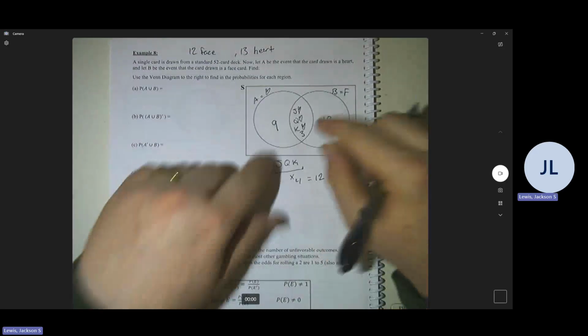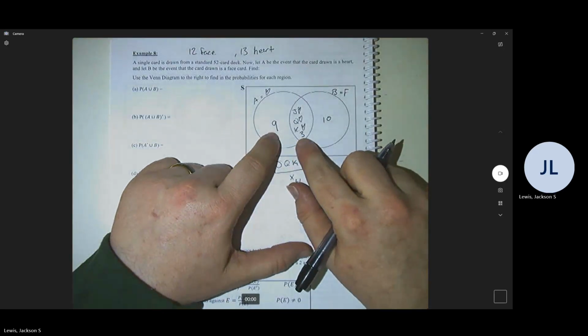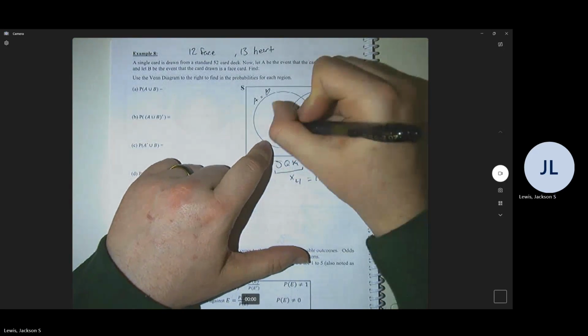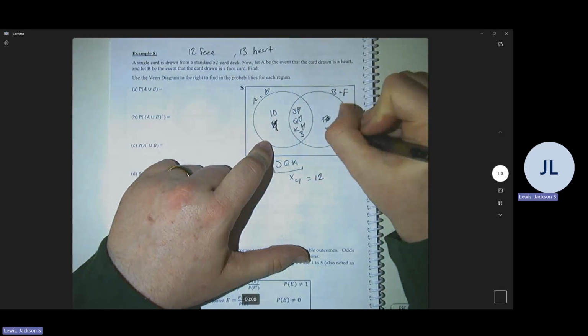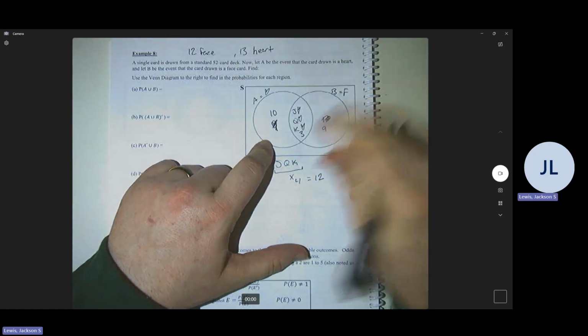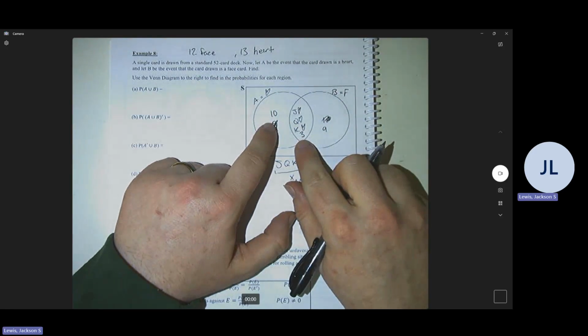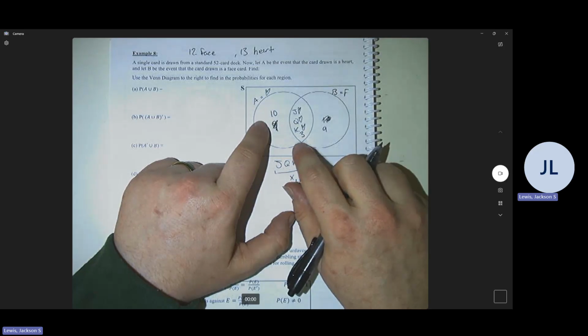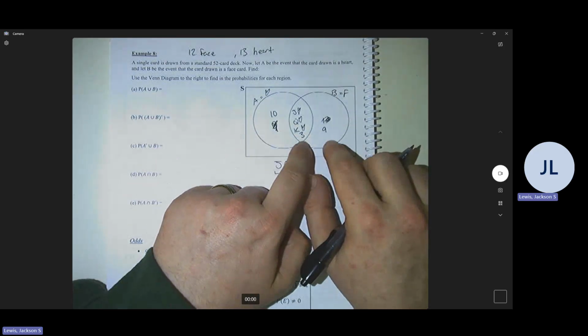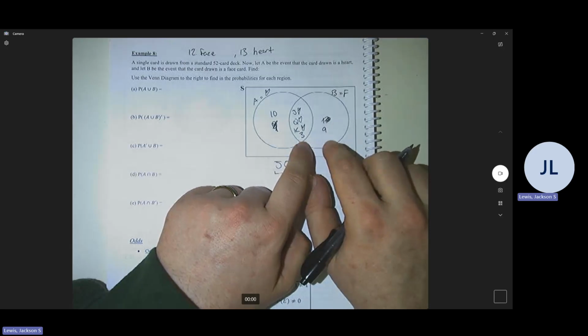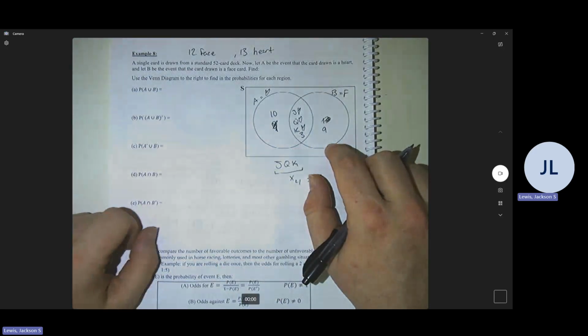Oh, I have these backwards. 10 and 9. So there's 13 hearts: 10 that are not face cards and 3 that are face cards. And then there's 12 face cards: 9 of them are not hearts and 3 of them are hearts. Any questions about that?